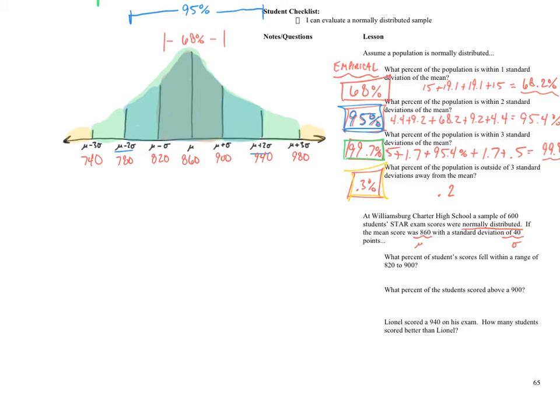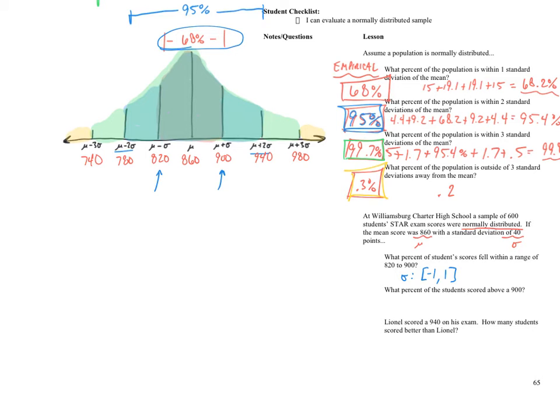So I see 820 there and 900, or sorry, not 990, just 900. And another way that I could write that would be from -1 standard deviation to 1 standard deviation. This is a range we've discussed. That is this 68%.